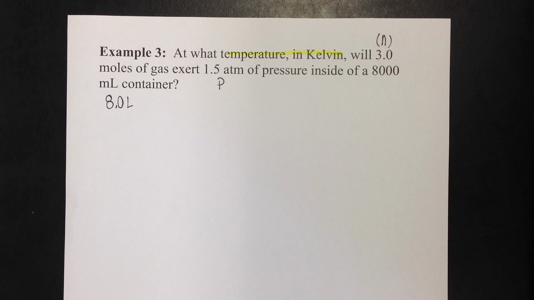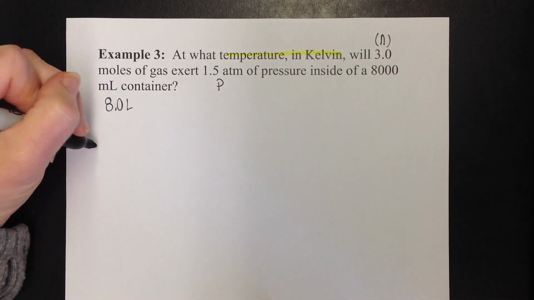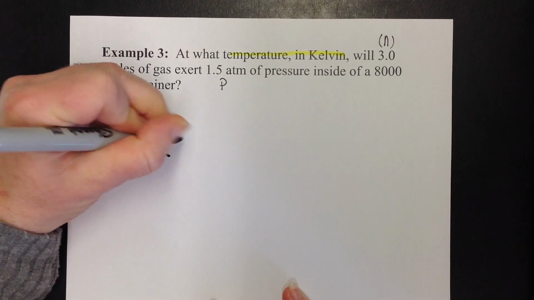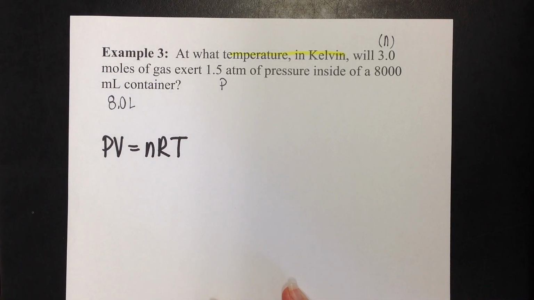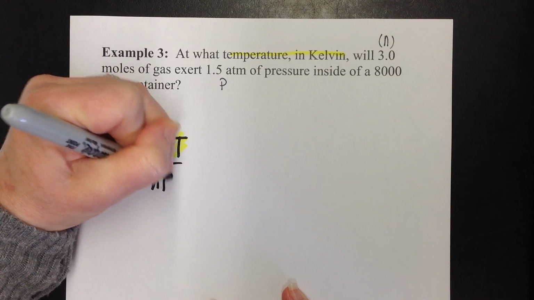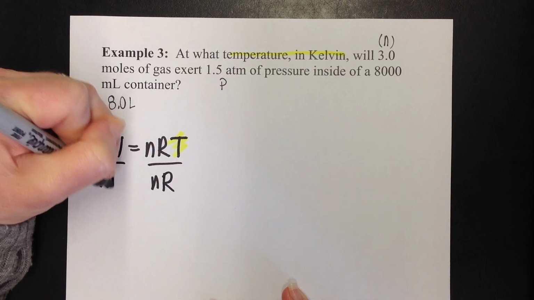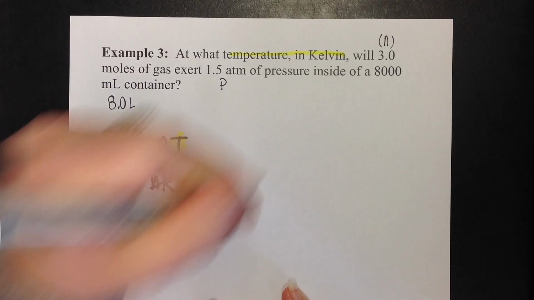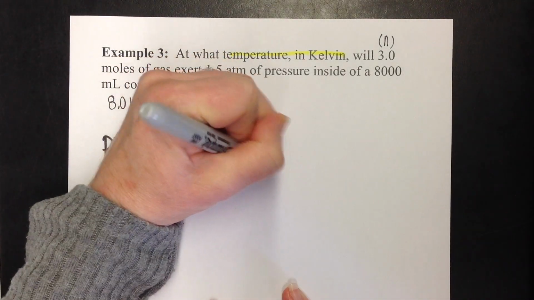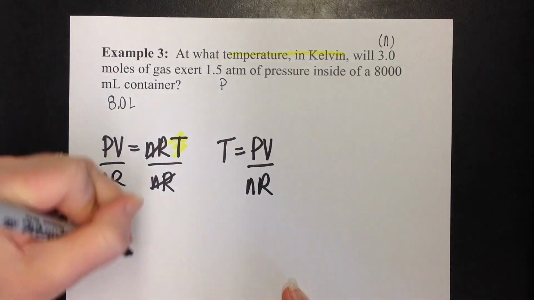So let's plug in. Let's write down first PV equals nRT. This time I am solving for the temperature. To get temperature by itself, basic algebra, divide both sides by nR. We're just isolating temperature. I like to flip it around. Temperature equals PV over nR.